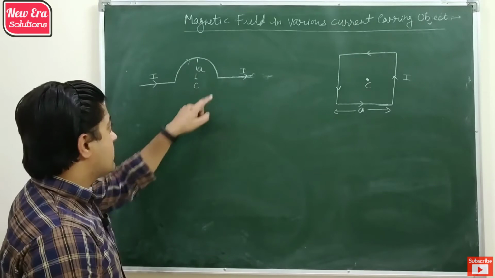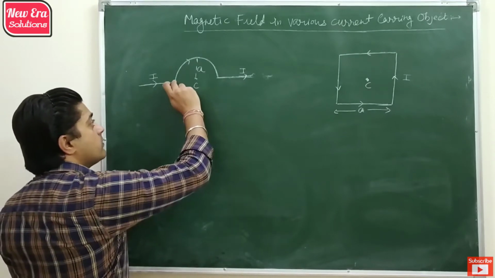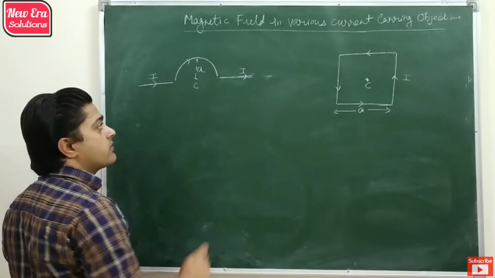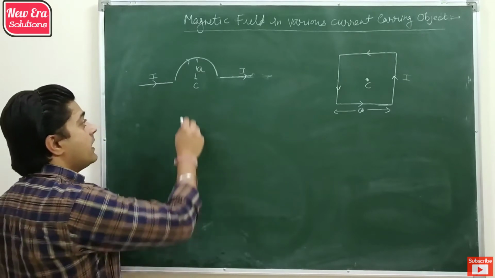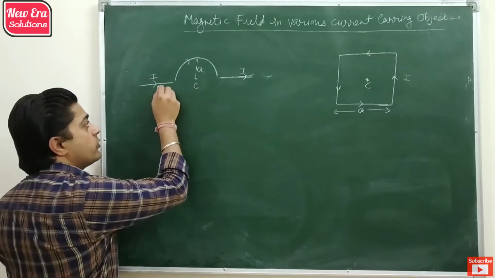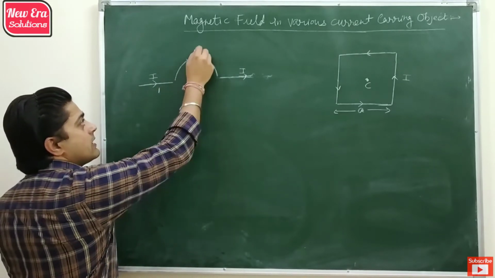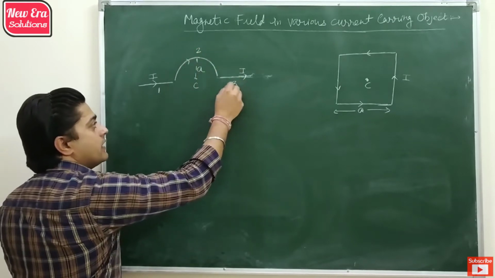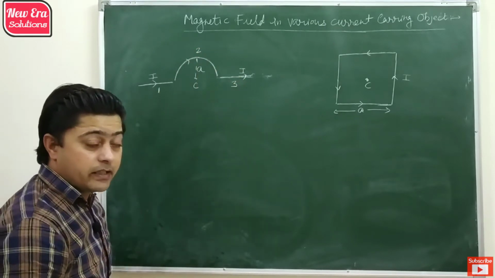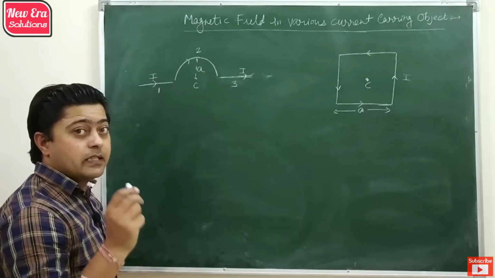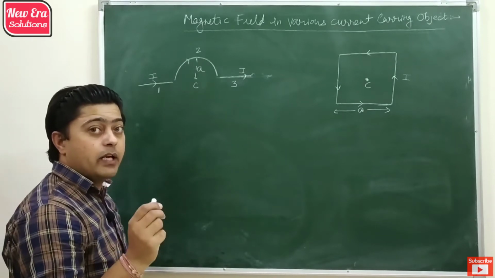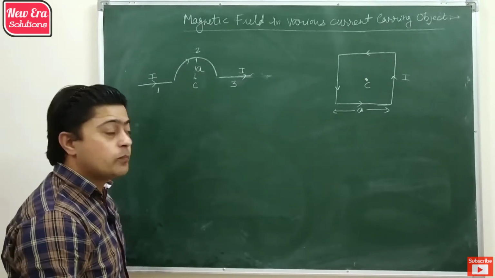Like in this structure, if we assume there are three different segments, then we can find the magnetic field at C due to the first, second and third segments independently, and these magnetic fields can be added by using the principle of superposition.